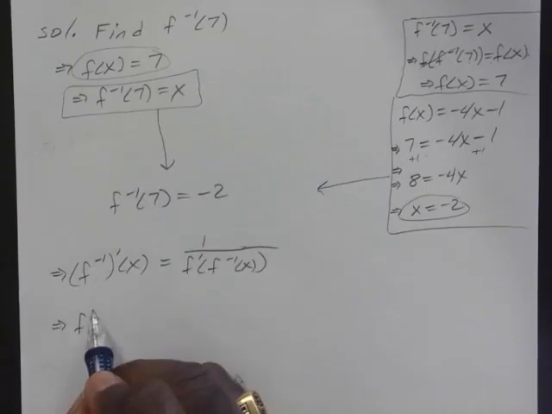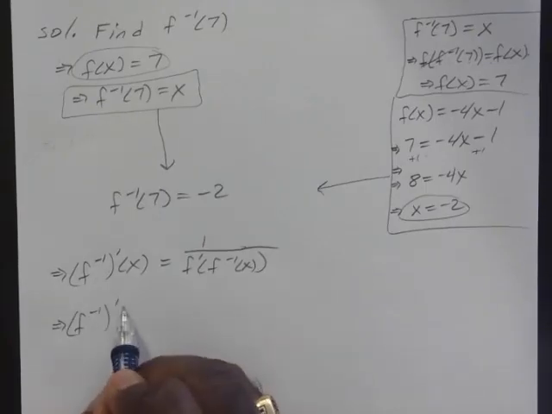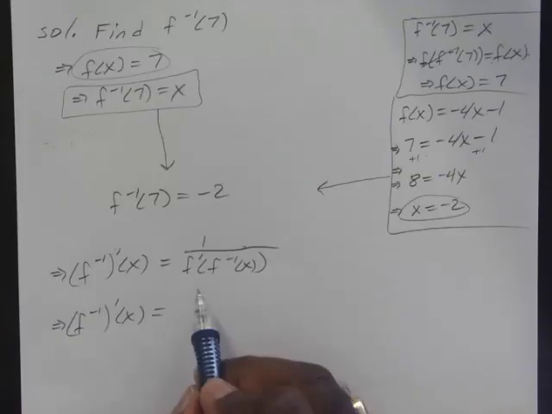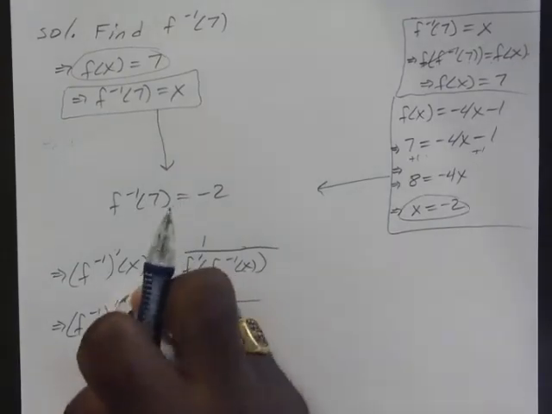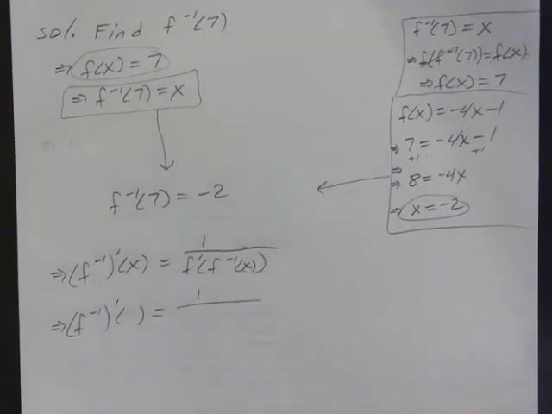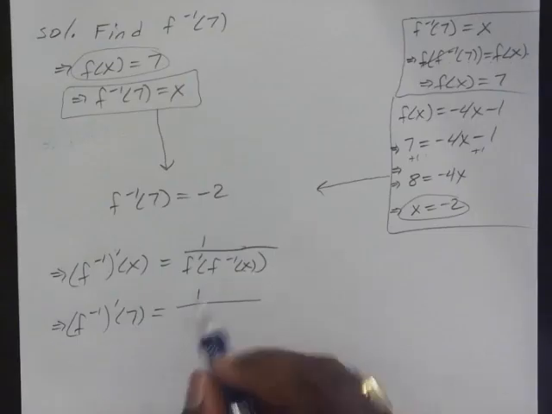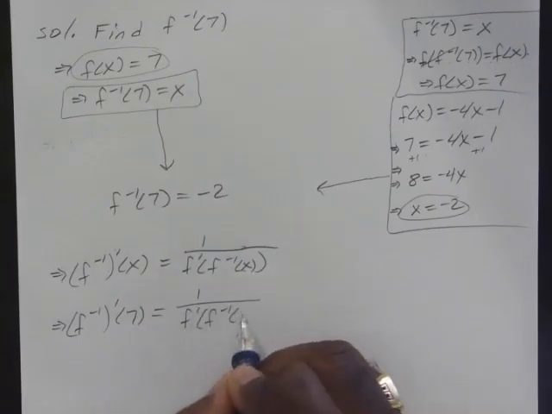Okay, so that f inverse prime of x, we're looking at x is equal to 7. So at x is equal to 7, we know that's f prime of f inverse of 7.